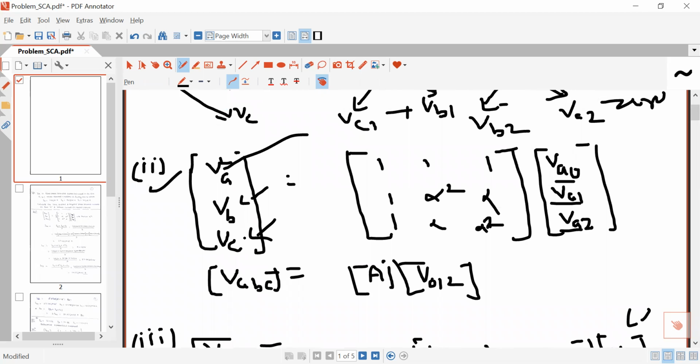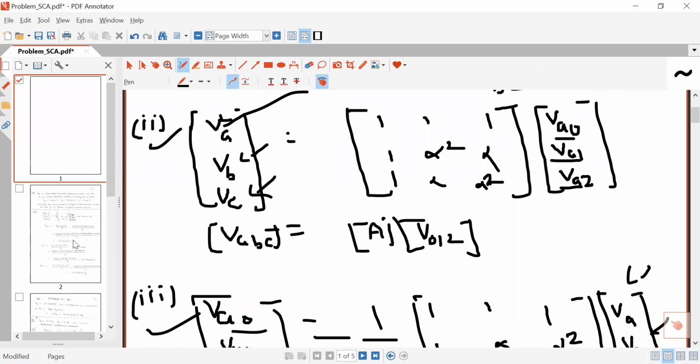And when the connection is delta, you must remember that VA will be VAB, this will be VBC, and this will be VCA. So you must go through the previous video to understand all of these basic concepts, and then you can understand problems based on symmetrical component analysis.